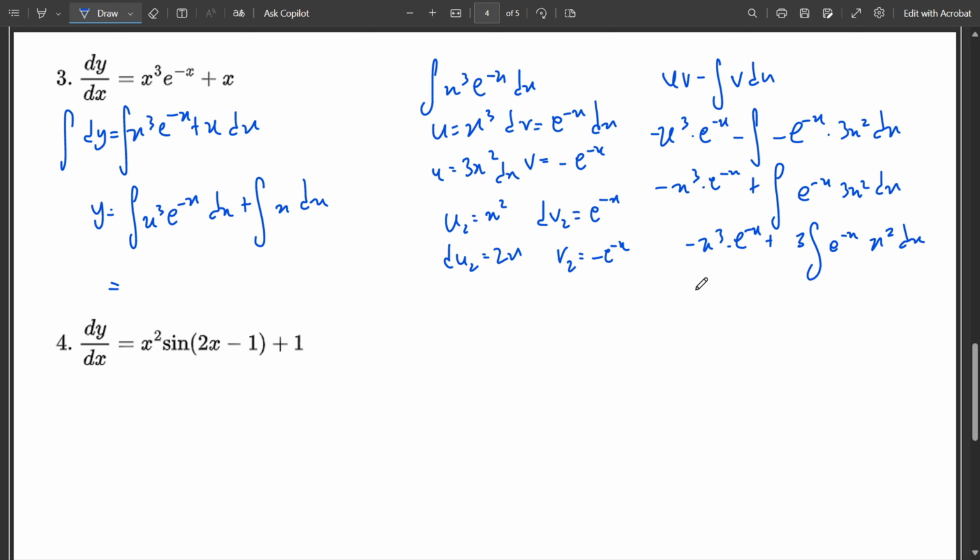Again, negative x cubed e to the negative x plus 3 times the integral, u2 times v2, which is x squared times negative e to the negative x, minus the integral of v2, negative e to the negative x, times du2, which is 2x dx, right?